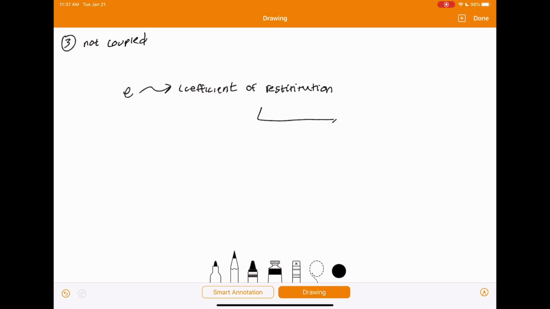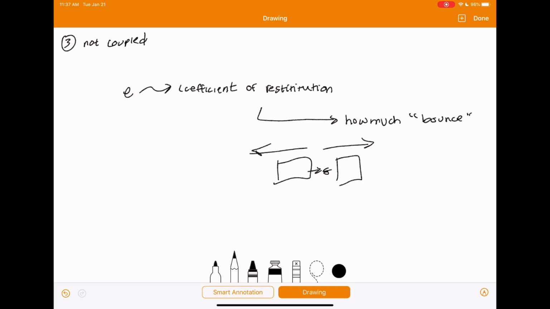I like to think about this as how much bounce the two objects have. If you have colliding objects and they are really springy and bounce back really far, then that is what's called being perfectly elastic, and your E would be equal to 1.